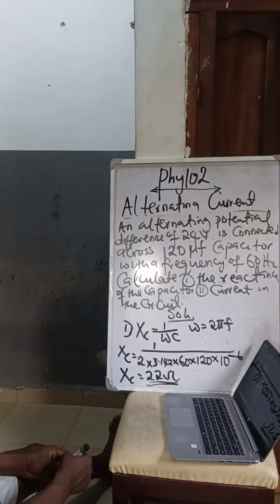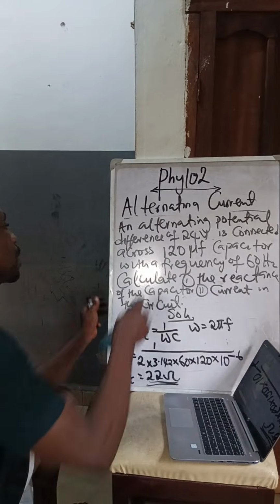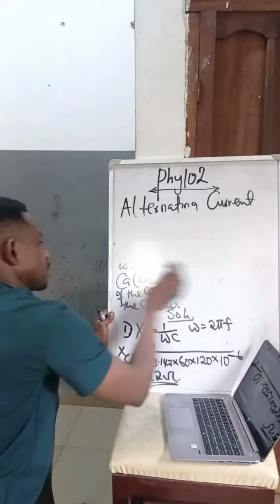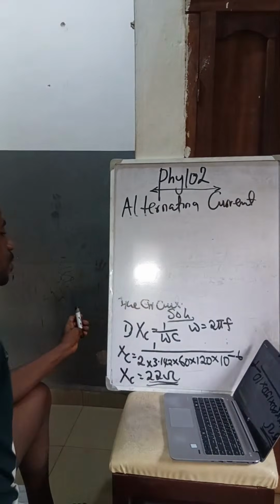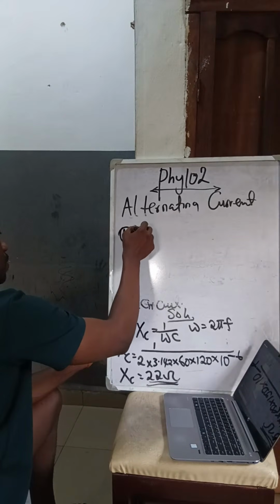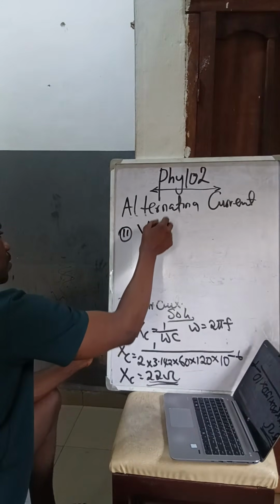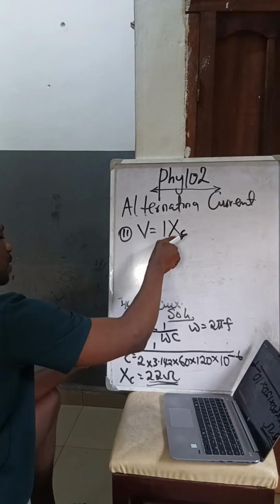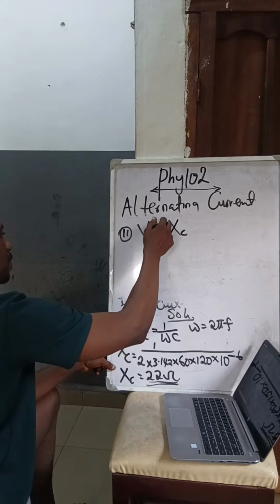Now the formula. So the formula to use for the current is V is equal to I times R. We already know what R is now, 22. We are looking for current.